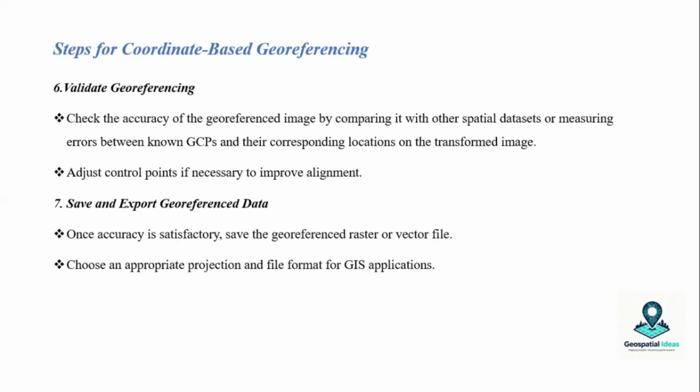So now you have to validate your georeferencing. In validating it, you look at the image that you georeferenced and ensure that there is accuracy in the spatial data set so that your error will be minimal, in relation to the control points that you generate.